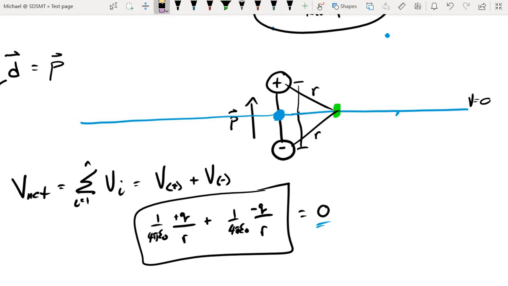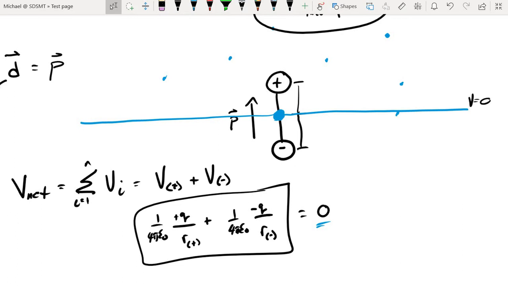If I were to move to a point that was above this line, any point above that line would be closer to the positive charge and further away from the negative charge. And so now we're talking about having to figure out which one of these is going to win the battle of the mathematics.